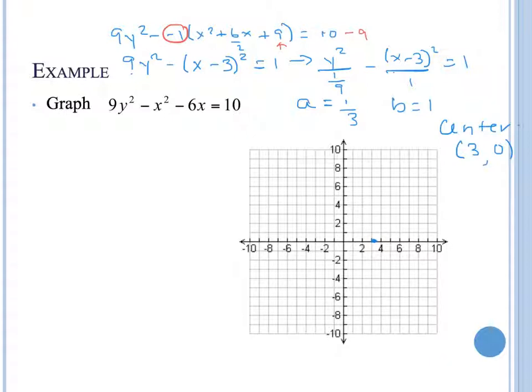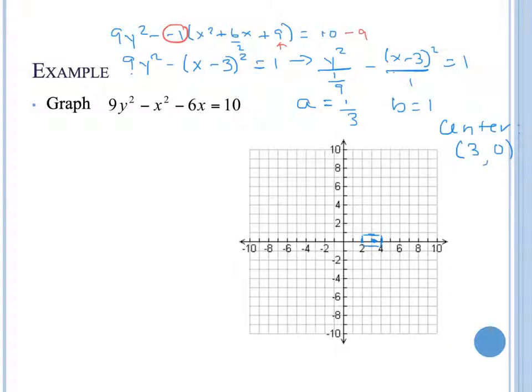It's going to be a little tricky to put on here. And down by 1/3, and then I'm going over by 1, and that's the box that I'm going to try to make into my asymptotes. So supposedly I'm going up 1 and over 3.